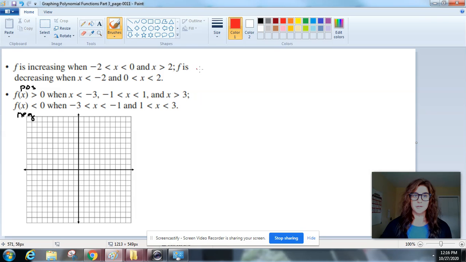So the first ones are increasing and decreasing. Remember, those are your turning points. They're your max and mins. So whether you think of it as turning point or max and min, that's up to you. But those are x values of great importance. So when I look through the increasing and decreasing line, I see the numbers -2, 0, +2, and then it just repeats down here.